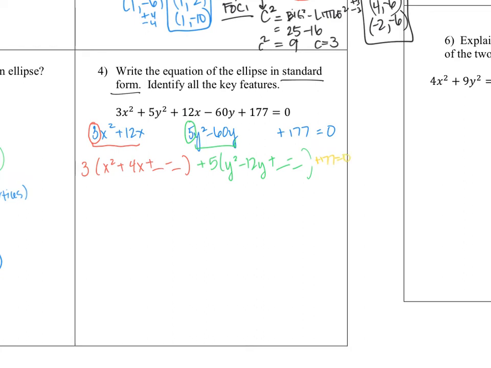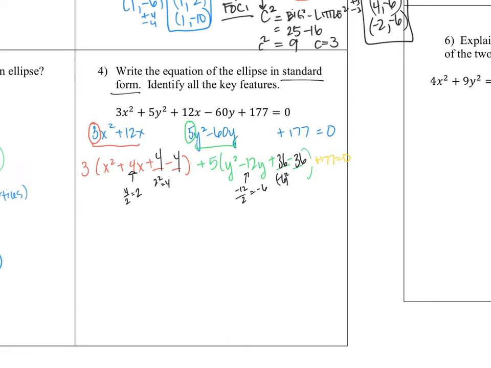So the thing that we're going to add to complete the square here, looking at 4, it'll be half of 4, which is 2, and we're going to square the 2. And so that's 4 minus 4. Do the same thing here. We're going to take -12, divide by 2, that's -6. So then -6 squared, that's 36 minus 36.